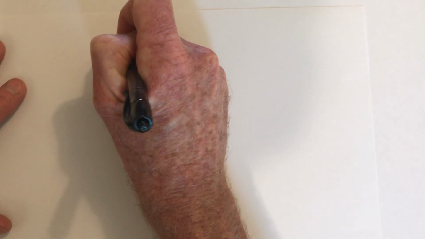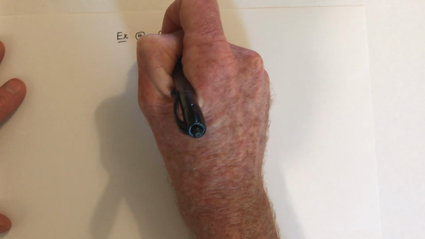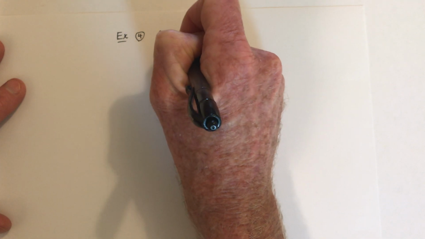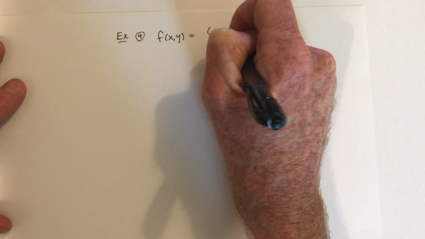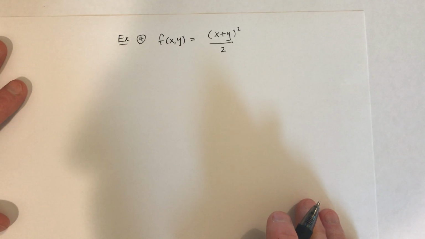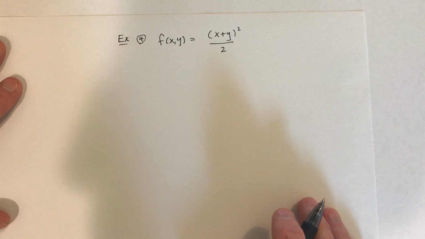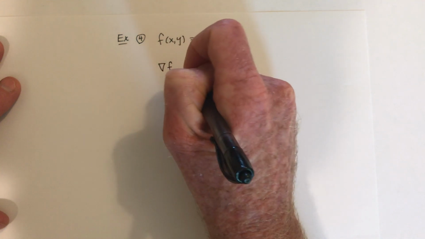Then, for example number 4, suppose that the function is x plus y, quantity squared, over 2. So that's the regular function. That's not a vector. Then create a vector field by doing the gradient.